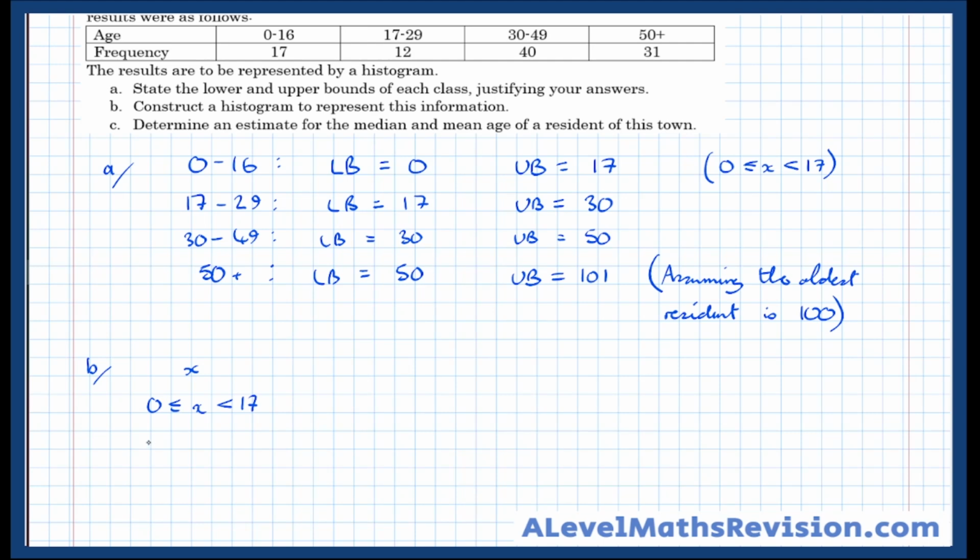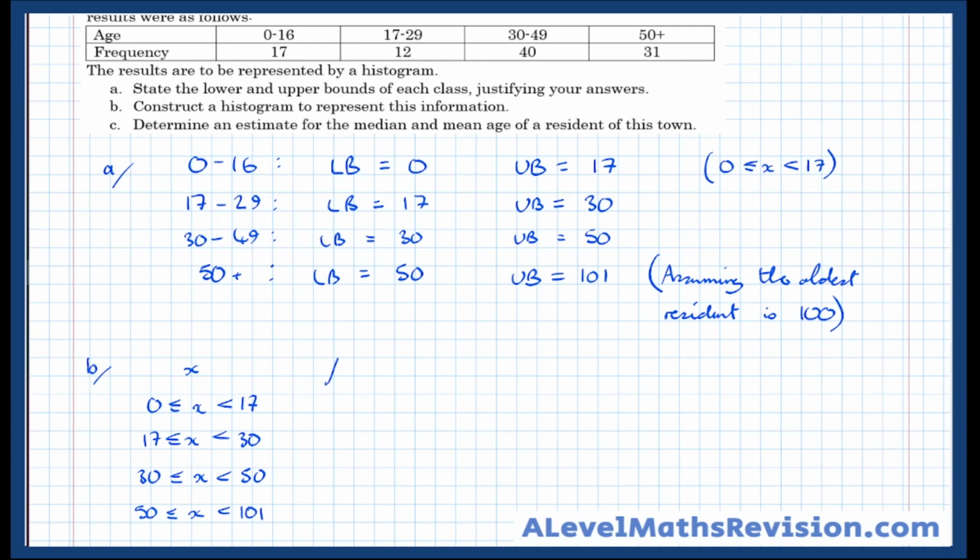Then it went from 17 to 30 for the second class. Then it went from 30 up to 50 for the next class. And then it went from 50 up to, and my assumption was nobody could be older than 100 years old. So actually the upper bound for that class is going to be 101.